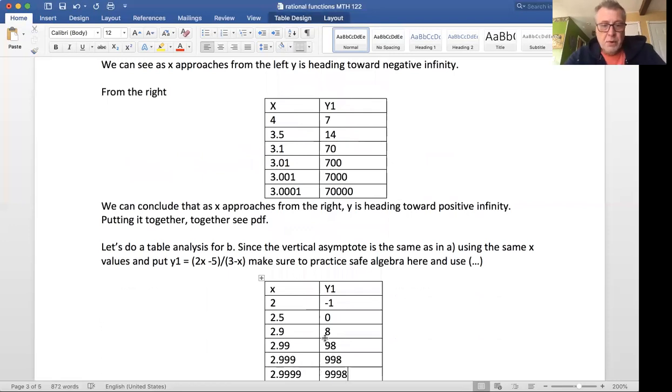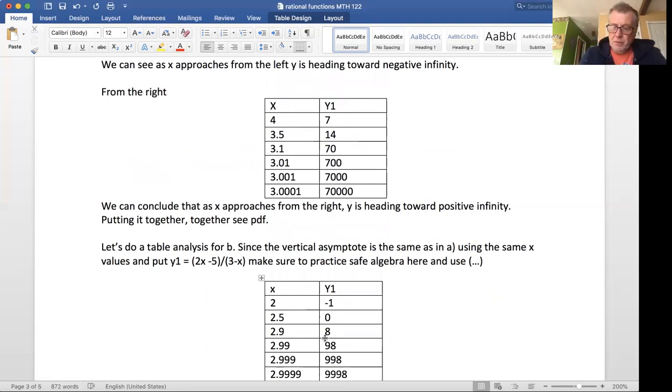So let's look at this one. We have 2x minus 5 over 3 minus x. We're practicing safe algebra, so we're going to put this into our calculator by using parentheses. I have a vertical asymptote at x equals 3 because 3 minus x means my denominator would be 0 when x equals 3.